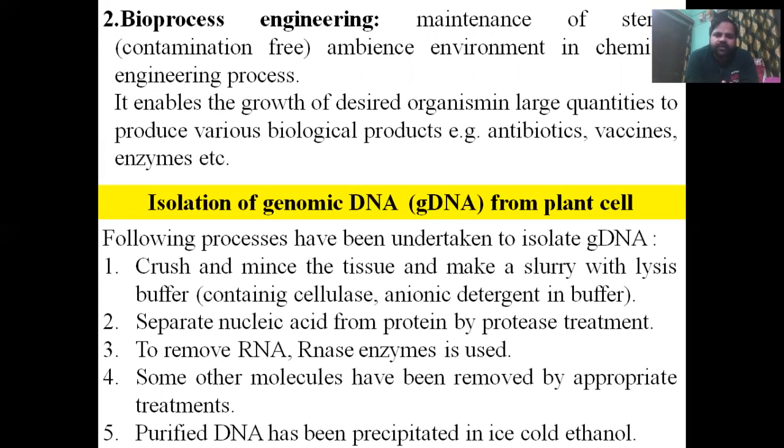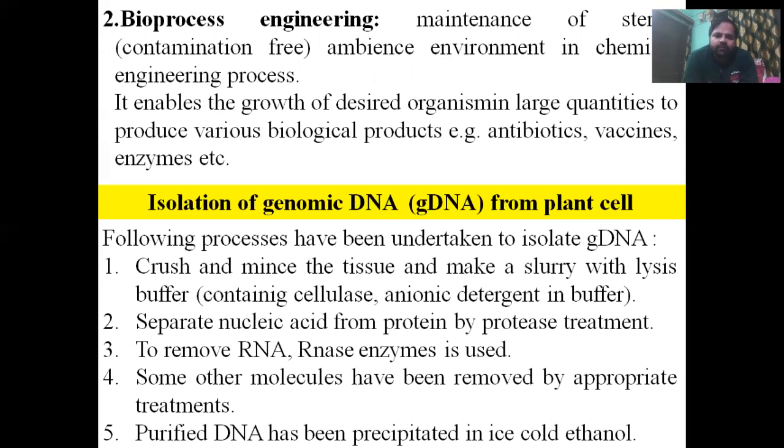So the first step in genetic engineering is isolation of genomic DNA. And we will study the basic principle behind the isolation of genomic DNA from the plant cell. So first we see what processes we undertake to isolate the genomic DNA. First we crush and mince the tissue and make a slurry in the lysis buffer.